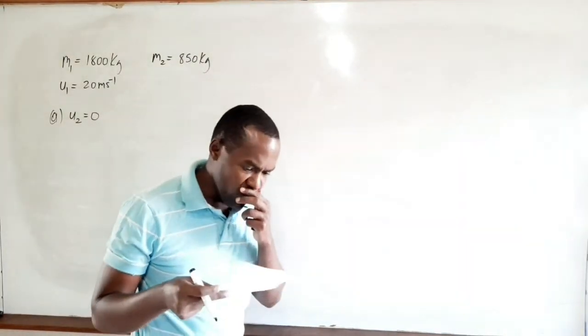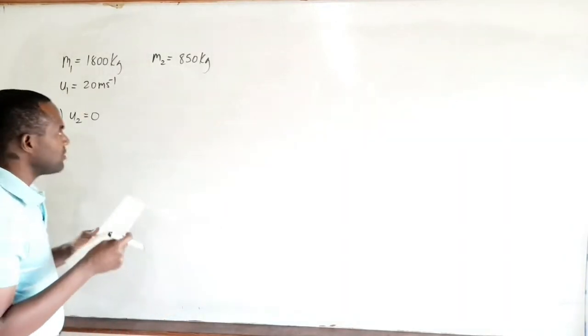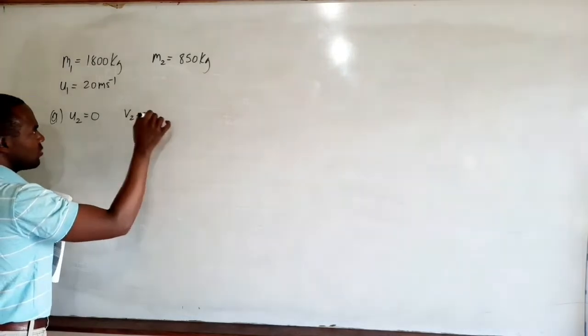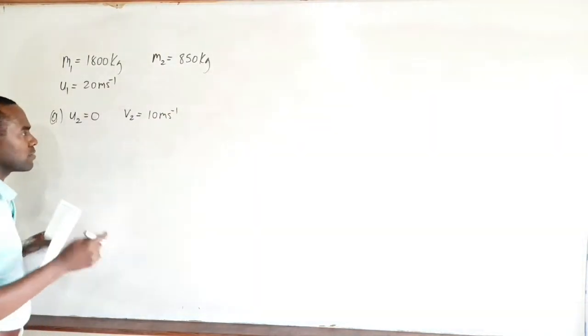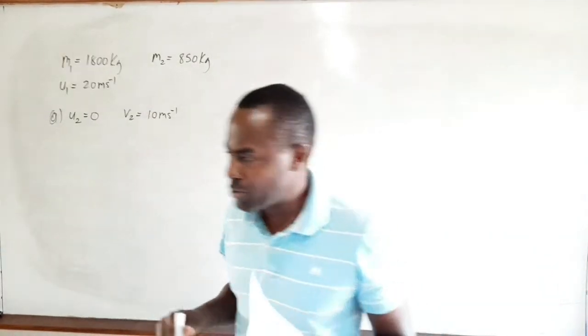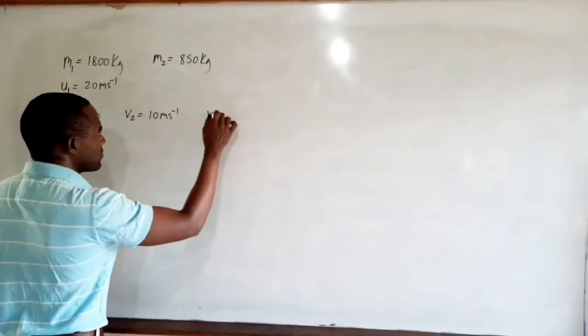Also we're given that the velocity of the smart car after impact is 10 meters per second, and therefore v2 is equal to 10 meters per second. And they want us to find the velocity of the Range Rover Evoque. So basically what we require to find is v1.